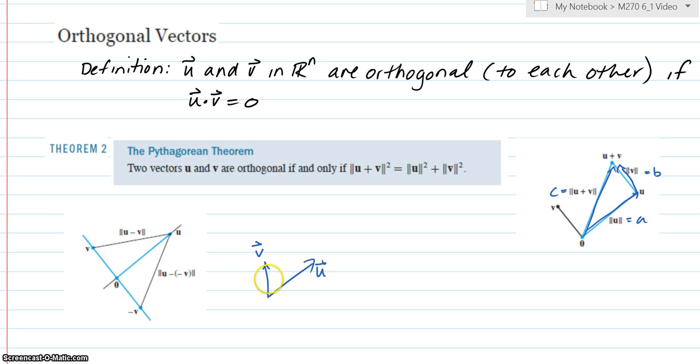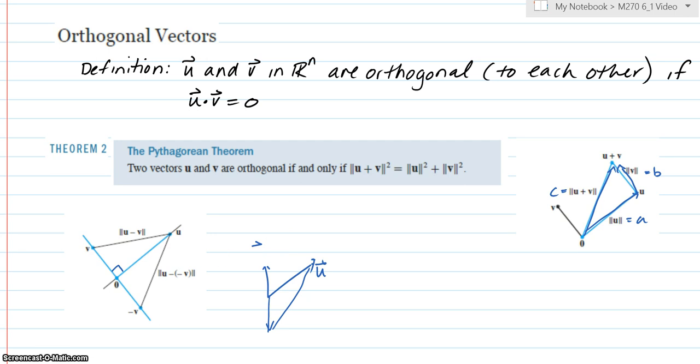You can see here if they were not orthogonal, if they're not perpendicular, then here would be u minus v, and here would be u plus v. And you can see they would not be the same.